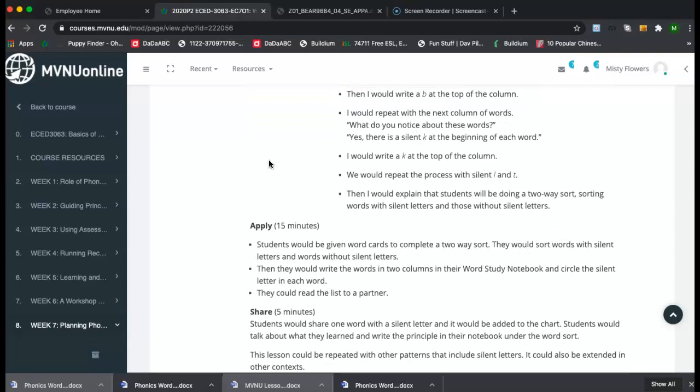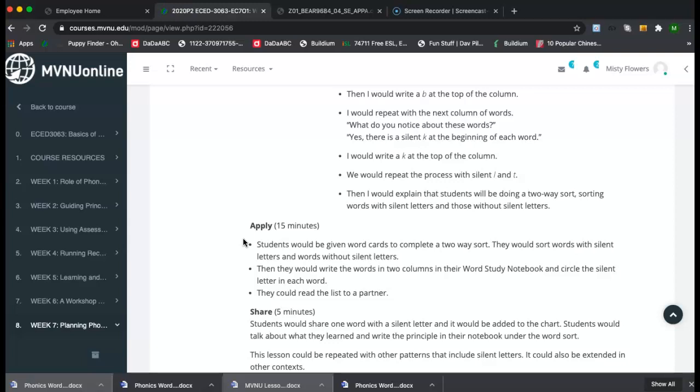Then I'm going to give them time to apply what we've talked about. I'm going to give them the word cards to complete the two-way sort. I'm going to tell them the words, so they have them in their heads. So then they're going to be sorting the words.